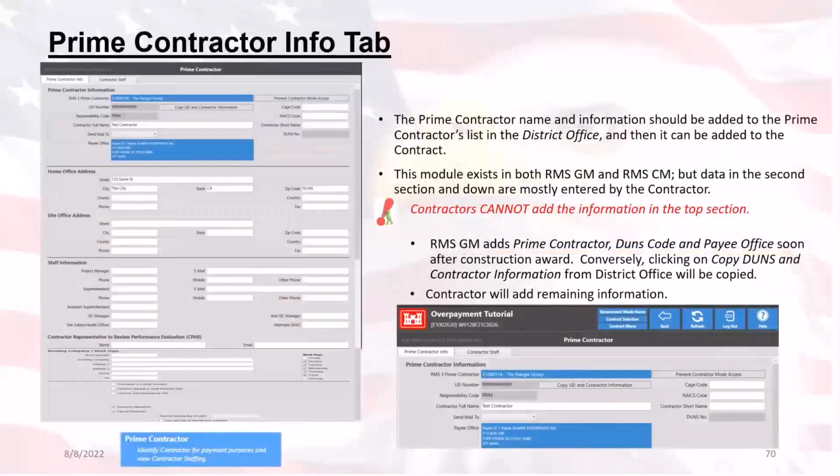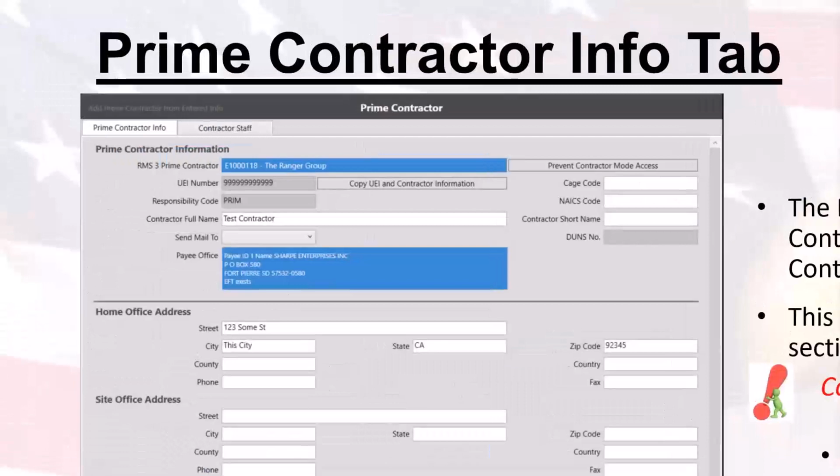Moving on into the Prime Contractor module. Now, once opened, you'll have this Prime Contractor tab displayed right here. This is where you would select the Prime Contractor's name and corresponding information. This information is selectable from a selection box right up here in the top, those blue boxes like we talked about before.